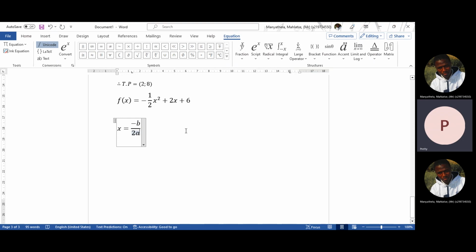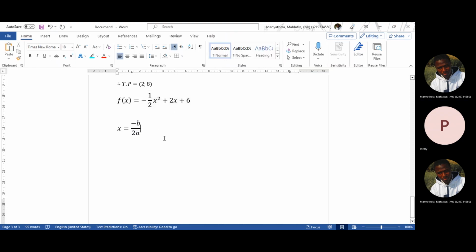In this equation b is 2, so minus 2, and the value of a is minus half.